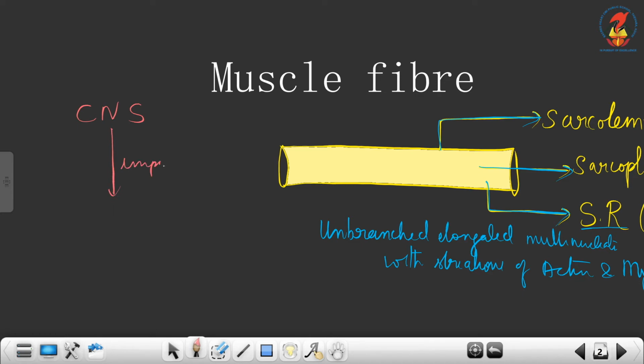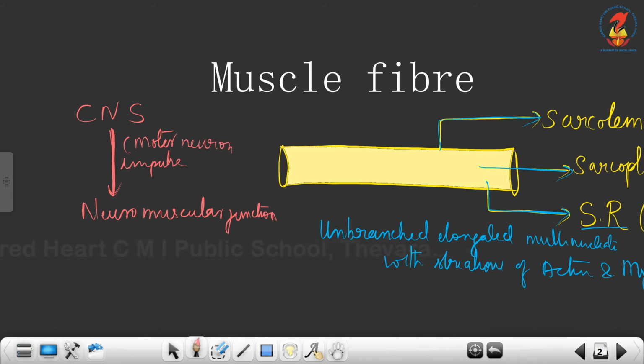An impulse is sent from the CNS to the neuromuscular junction, and the neuron that propagates this is a motor neuron. You can see the nerve endings on the neuromuscular junction.